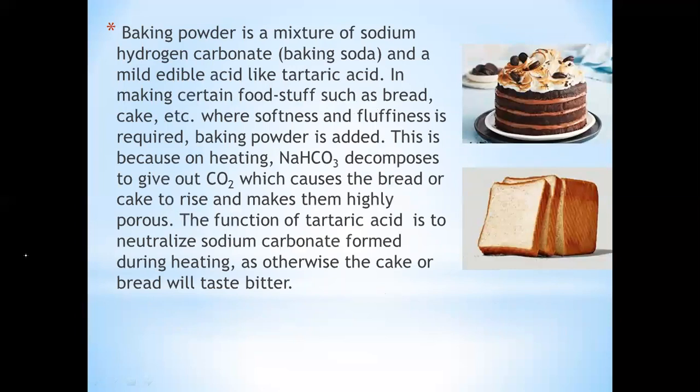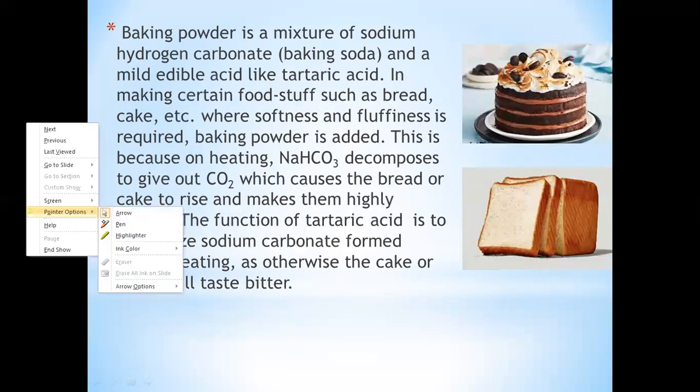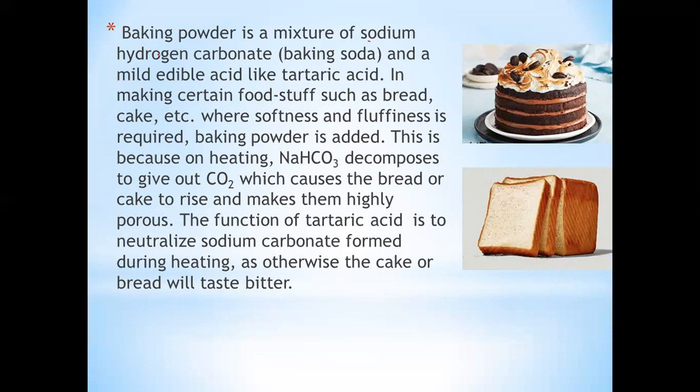Next, it is used in baking powder. Baking powder is a mixture of sodium hydrogen carbonate, that is baking soda, and tartaric acid. In making foodstuffs such as bread and cake, where softness and fluffiness is required, baking powder is added.